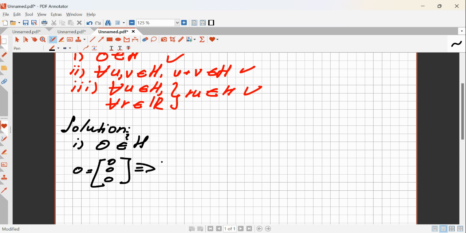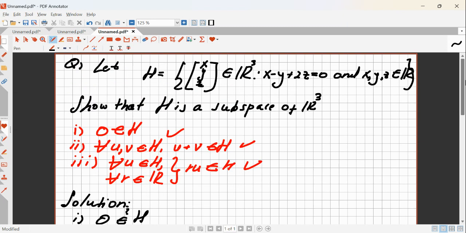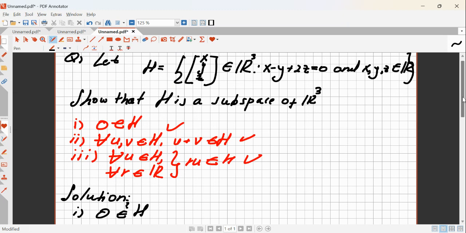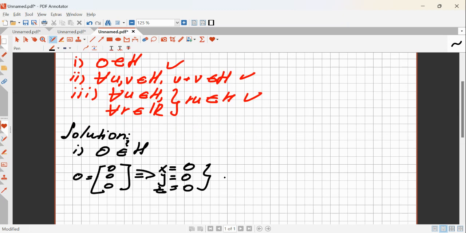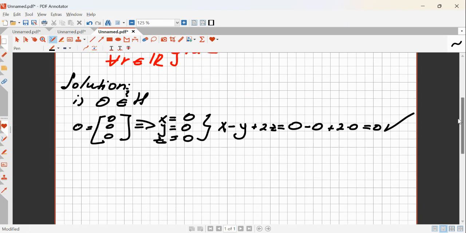These are our variables x, y, z that are also zeros. So our equation x minus y plus 2z equals 0 minus 0 plus 2 times 0 equals 0. Satisfies our condition.